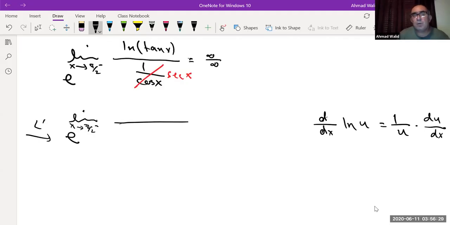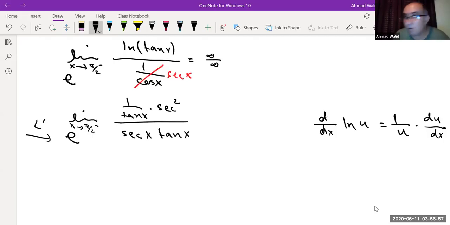Then this will be 1 over tan x times the derivative of tangent, which gives you secant squared, over the derivative of secant x, which is secant x tan x, right? Secant x tan x.